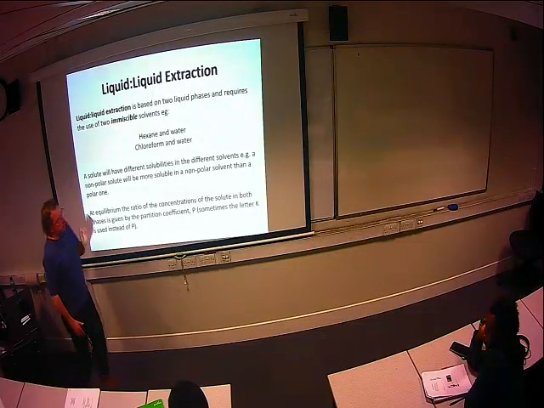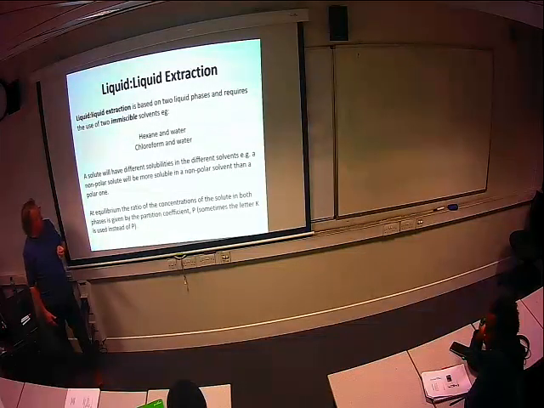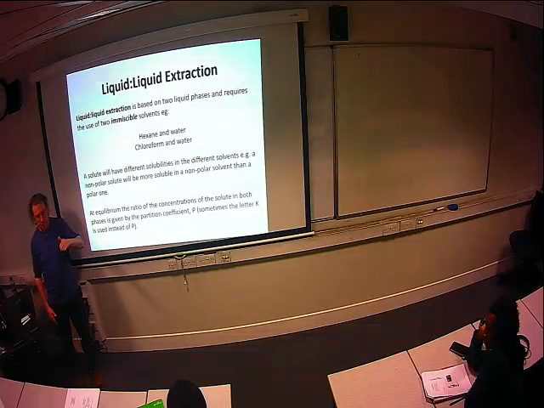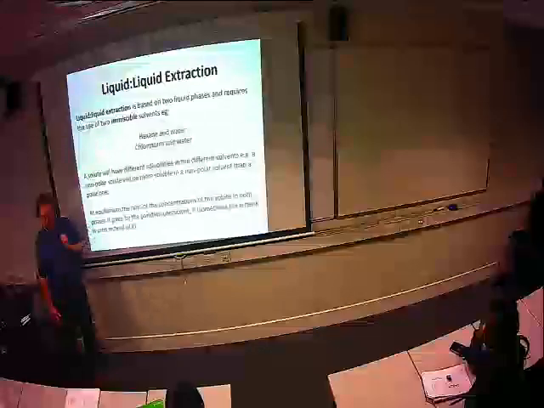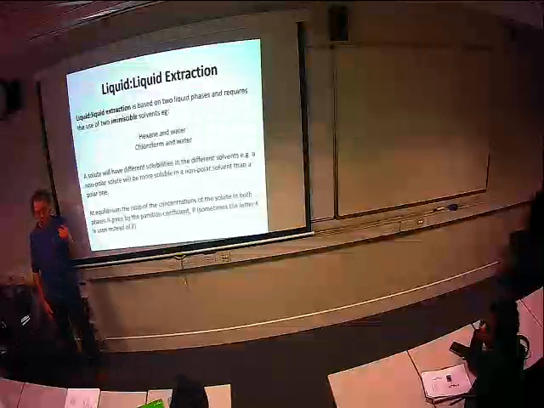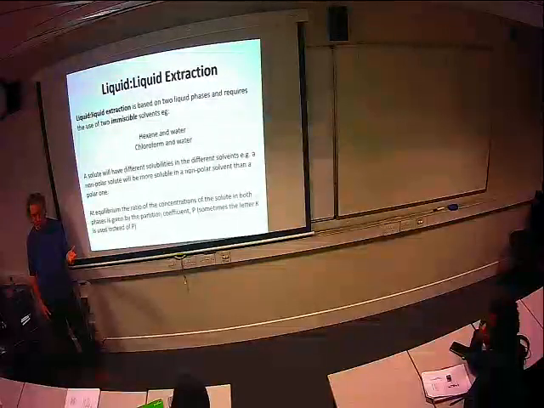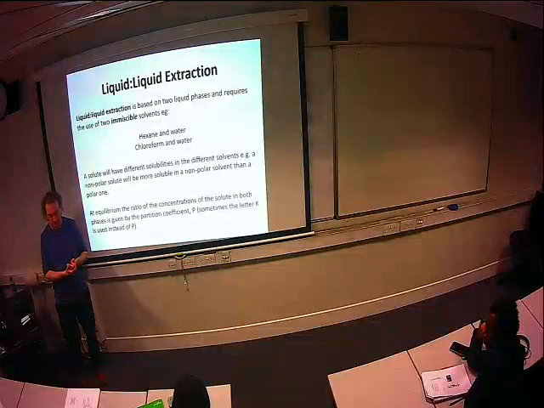When we're thinking about what's going on here, we need to think about the relative solubility of the compound of interest in the two liquids. So it's going to be the ratio of the concentration of that material in the two liquids once we've allowed it to reach an equilibrium state.